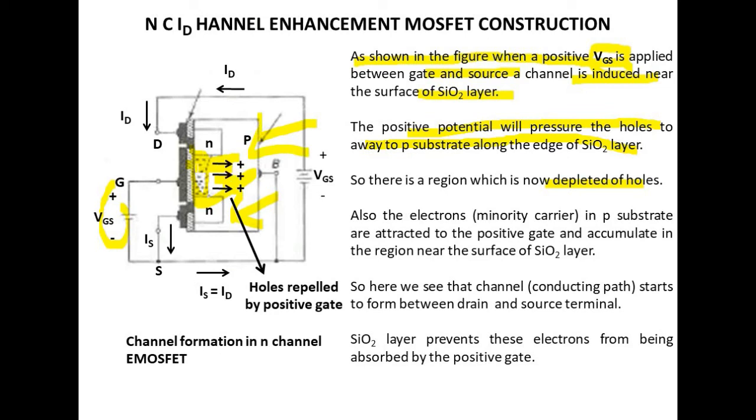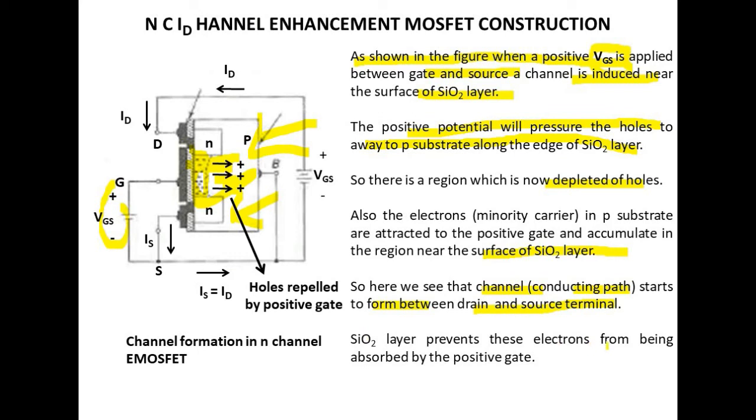So these electrons are getting accumulated near the edge of SiO2 layer between these two N regions. So here we notice that a channel, that is a conducting path, starts to form between drain and source. Between drain and source terminal, we are now seeing that a channel starts forming.